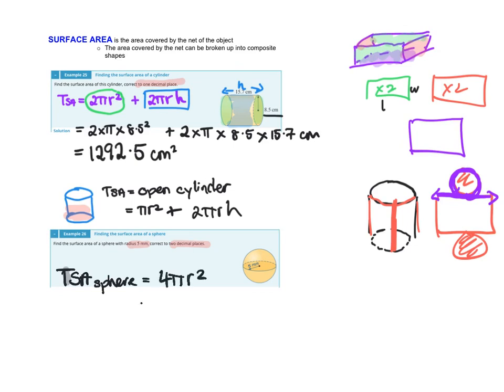Good. So for this one, all I have to do is go 4 times pi times 5 squared into the calculator. Okay, so I end up with 314.16 millimetres squared, because it's millimetres squared.